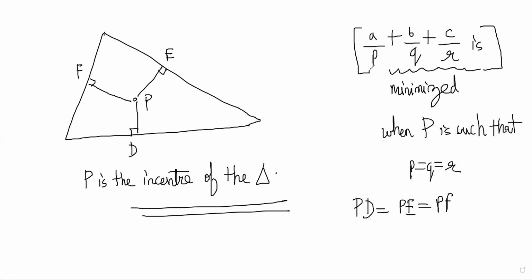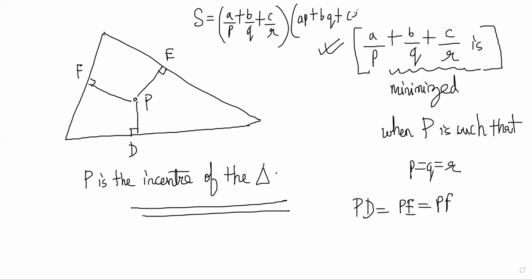The way we solved this problem was not targeting this directly, but actually minimizing S, which was equal to A by P plus B by Q plus C by R multiplied by AP plus BQ plus CR. Why? Because this quantity was fixed, which was twice the area of the triangle. So that is an interesting approach. After we do that, we used AM-GM to get the minimum value, which was A plus B plus C whole square.